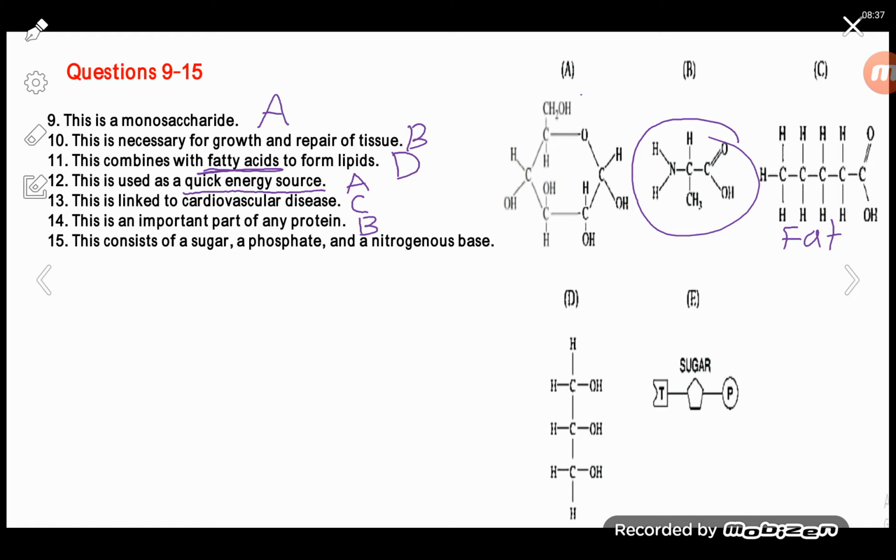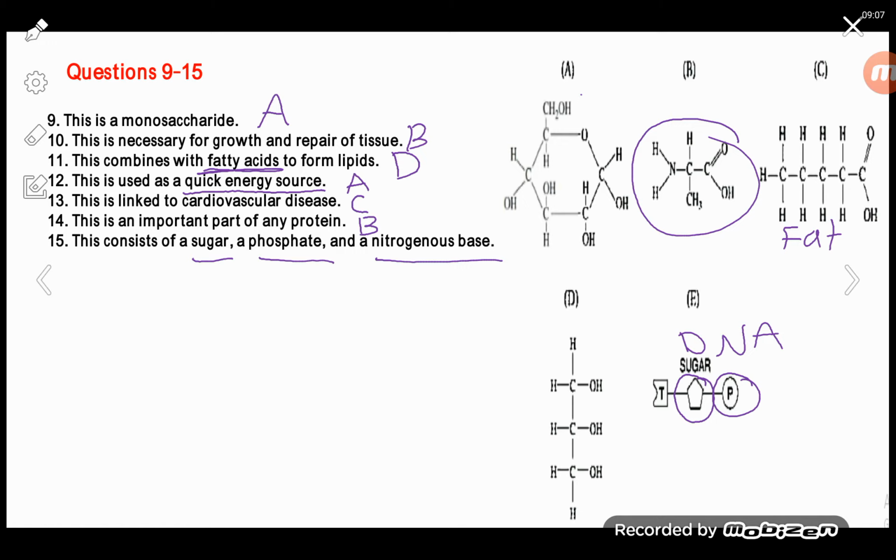In the next question, question number 15, it consists of sugar, phosphate and nitrogen base. So it means DNA. Okay, this is the DNA, and as you see, DNA is made up of phosphate and a sugar. DNA means deoxyribonucleic acid.